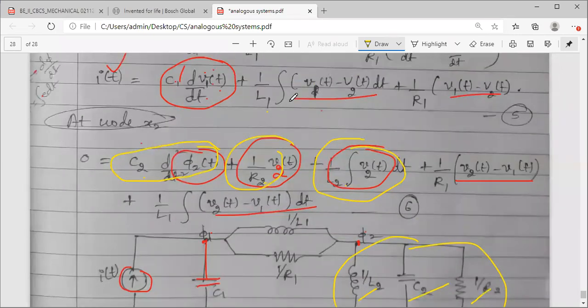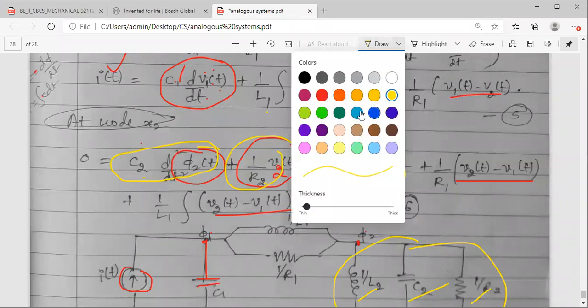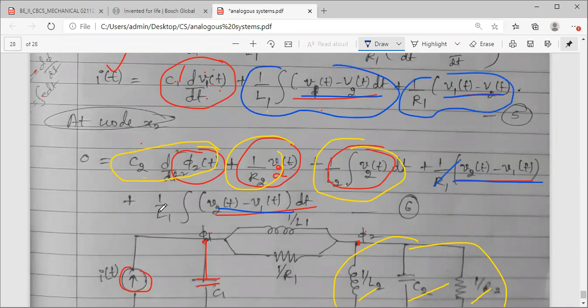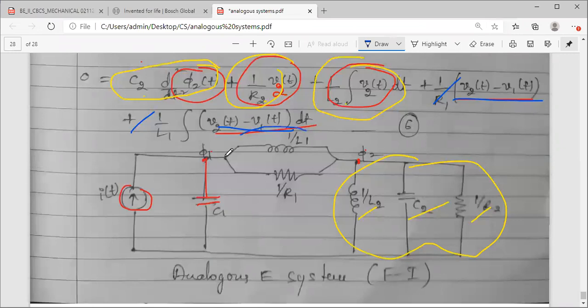Now left out are जो मैंने underline किया है, they are common terms, shared terms. There is 1 by L1, there is 1 by R1. यहाँ पर भी same है, 1 by L1 and 1 by R1. So 1 by L1, 1 by R1, they are in between the two nodes. So this is how I draw the equivalent network for force current analogy.